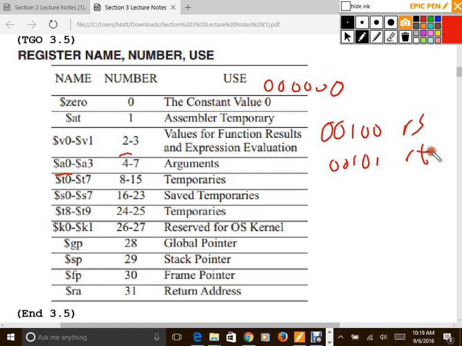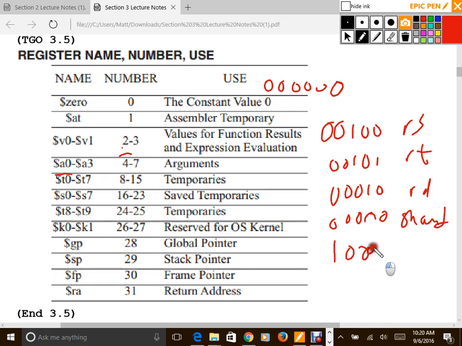RD, our destination register, is 2, that'd be 0, 0, 0, 1, 0. Our shift amount is 0 because we're not shifting anything. And 20 hex is add in MIPS, so that'd be 100000, right? So that's 20 hex.